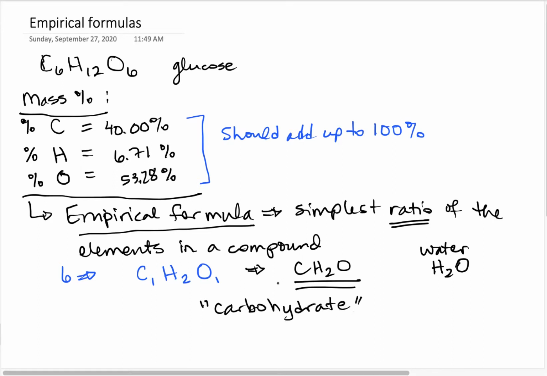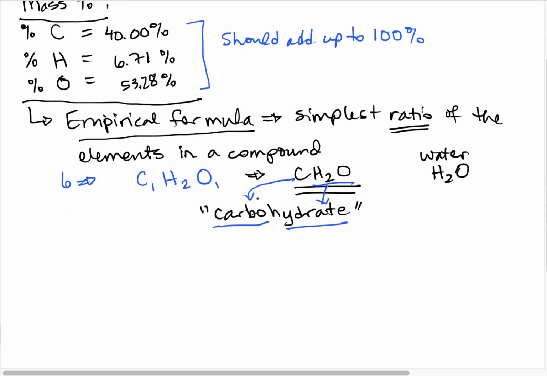Because they looked at this and they said, well, it's got a carbon, so carbo, and it looks like it has water, so hydrate. Now, the H2O does not actually connect to a carbon in a way that looks at all like water. So this is very misleading, but this is in fact where that name comes from, and it still persists. And so it's kind of fun to find out about where some of these terms come from.